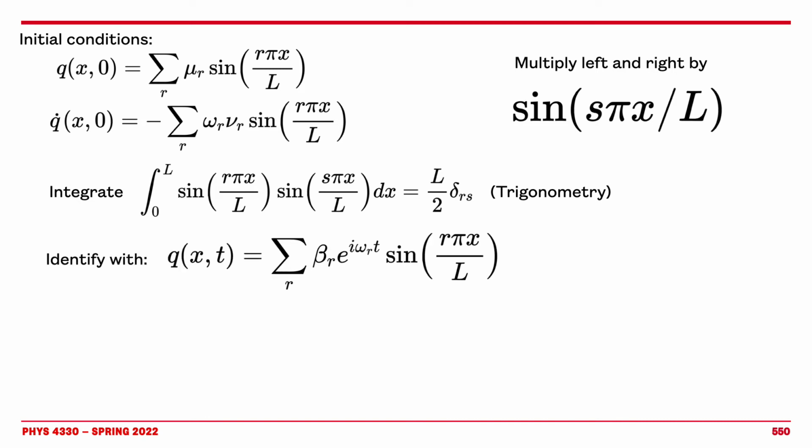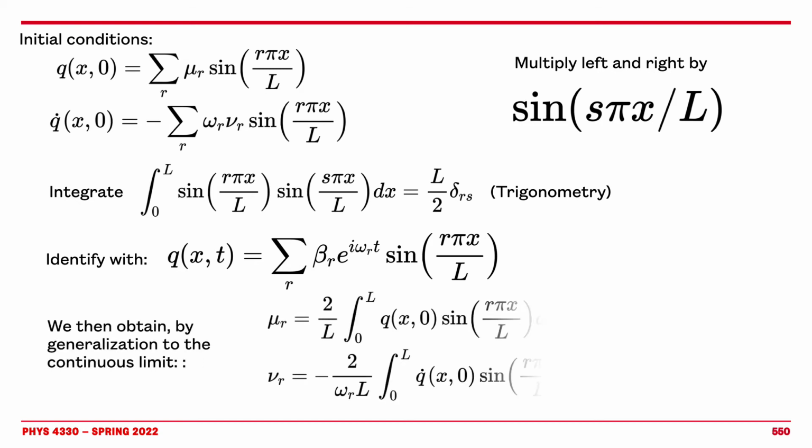That's exactly what we wanted to look at in terms of the solution that we found in the previous two slides. So in other words, we can now express the solution q(x,t) as a function of the initial condition. So remember, beta r is mu r plus i nu r.